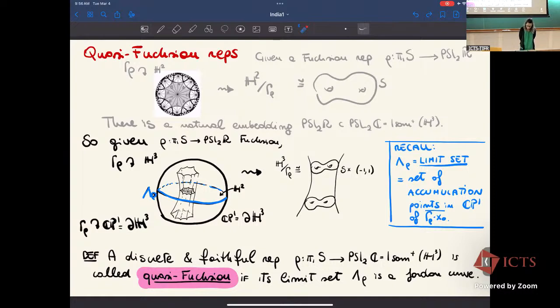The way I define a quasi-Fuchsian representation today is a discrete representation in PSL2C, so isometries of H3, such that the limit set is a Jordan curve. And the limit set is this, like I think Jean-Marc drew it yesterday, you take any point in H3 or in CP1 and you look at its accumulation points, so it's the set of accumulation points of any orbit.